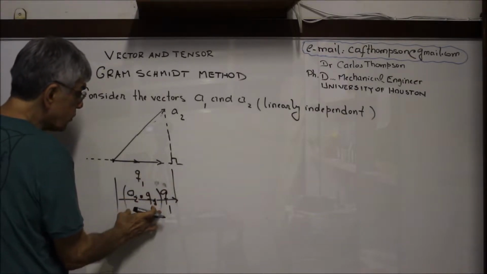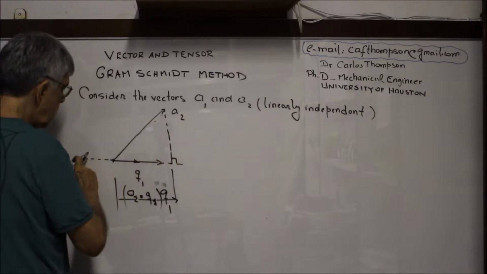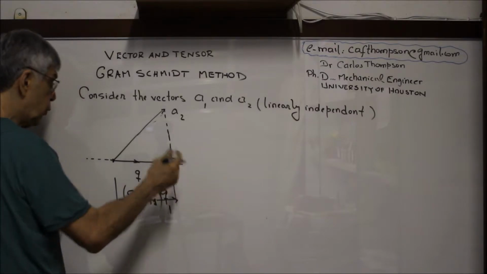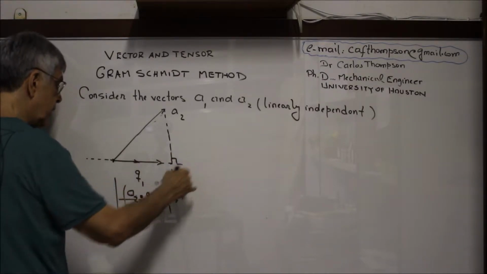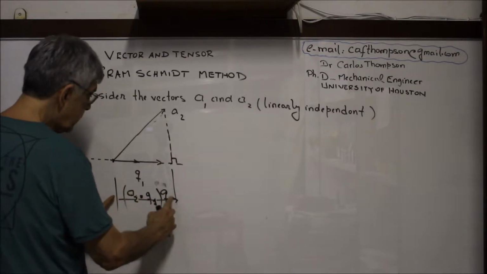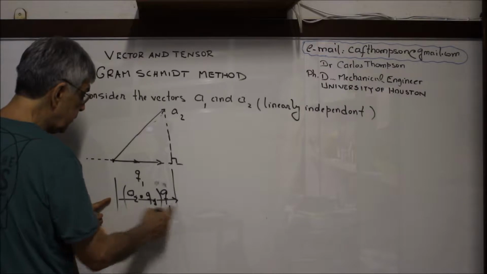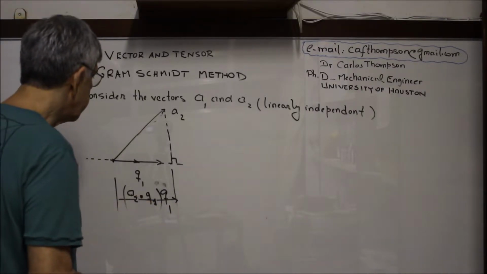This is a projection of vector A2 on this straight line, in which K1 lies on this straight line. Now, here is the scalar. If I want the vector, I'll just put K1 over here.